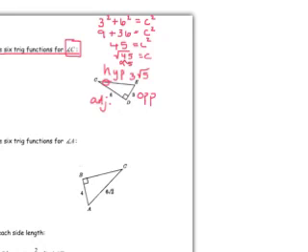Secant of angle C is equal to, secant is the reciprocal of cosine, so it's H over A. So H is 3 root 5, A is 6, and that will reduce down to square root of 5 over 2.